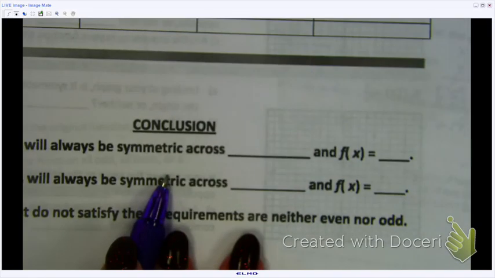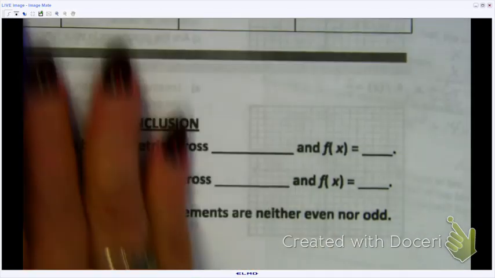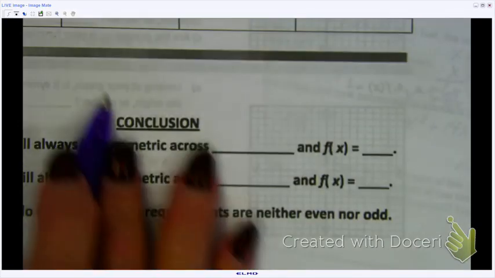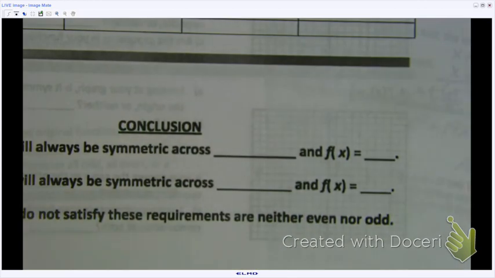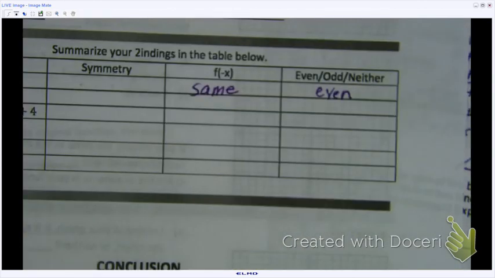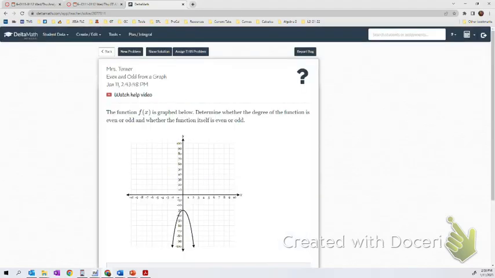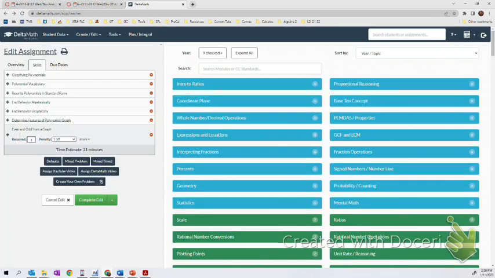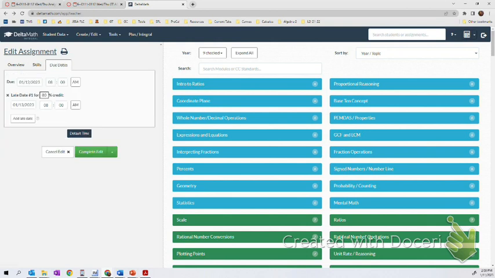Once you do this, you will draw a conclusion here at the end once you look at your chart, and once you draw that conclusion, you will know how to answer the questions in the Delta Math assignment. So at that point, you can go back to this Delta Math assignment and you can finish the last 2 skills. Right? And this Delta Math assignment is due tomorrow.